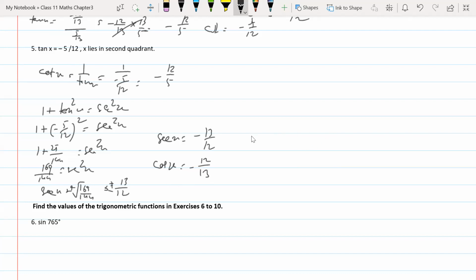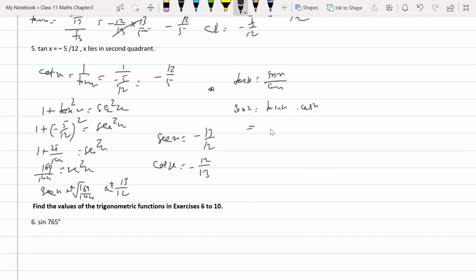Now what would be the sine? Since cos and tangent are given, tangent x is sin x upon cos x, so sin x is tangent x into cos x.